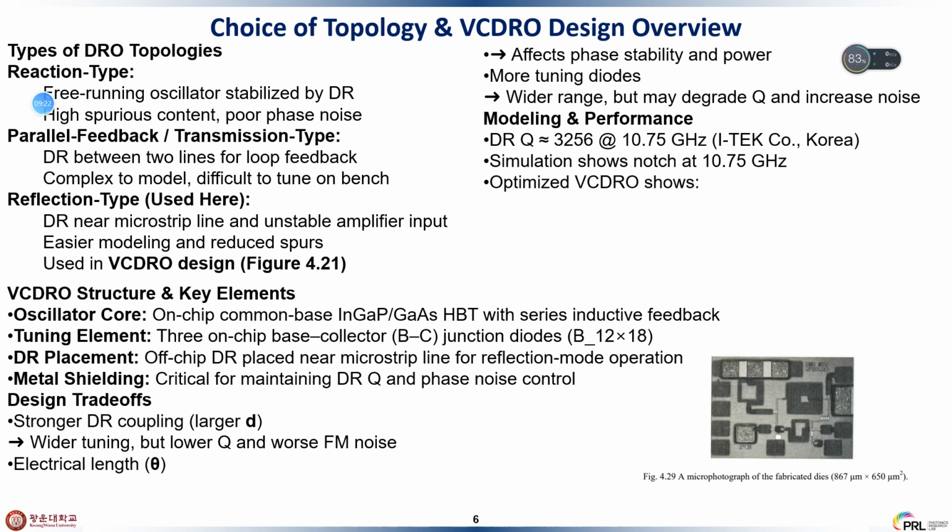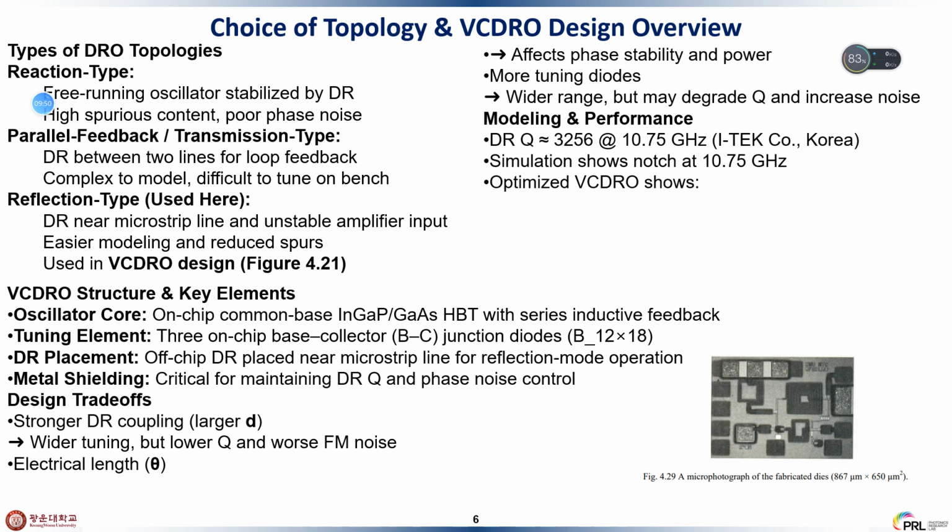The effects on phase stability and power are mainly about the more tuning range, and it has a wider range, but if you want the wider range, you need to decrease the Q factor, the Q values, and increase the noise.